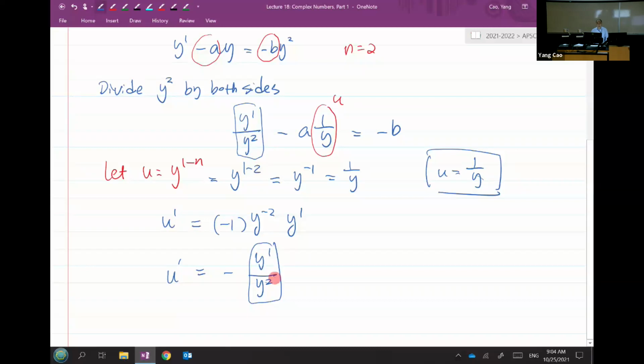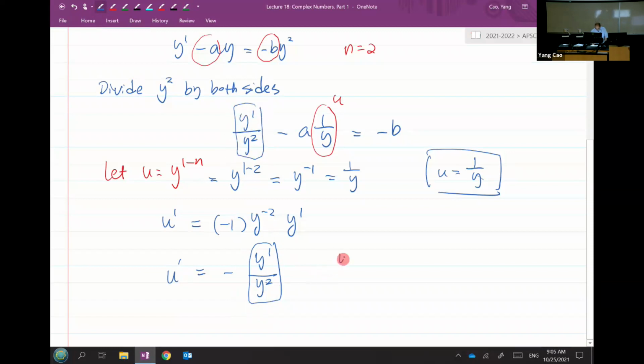Now you might wonder, will I always get this? Yes, that's the nature of the Bernoulli equation. As long as you do it right at this step, you're supposed to get an expression for y prime over y squared, which is the first term of the differential equation.